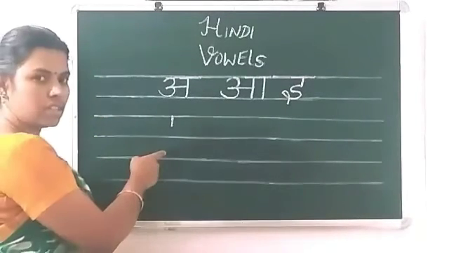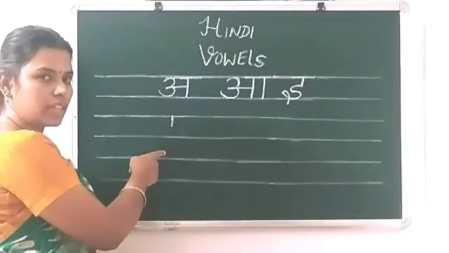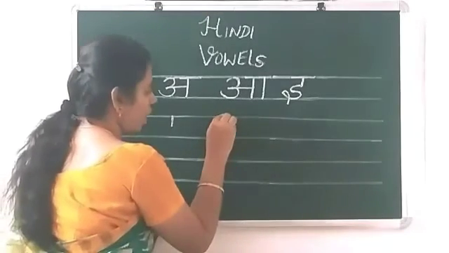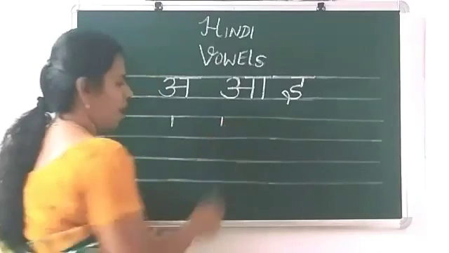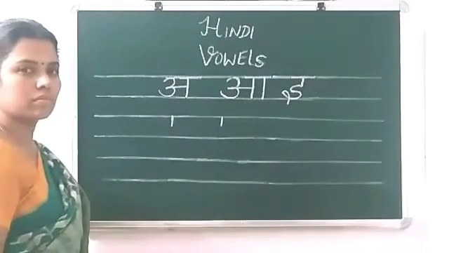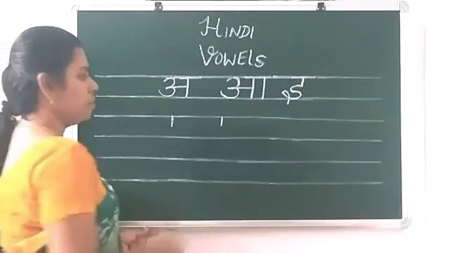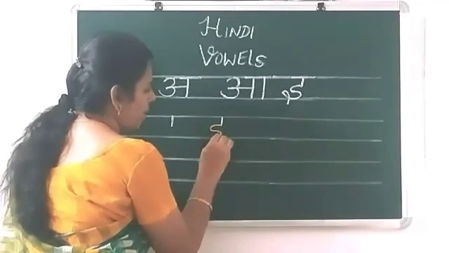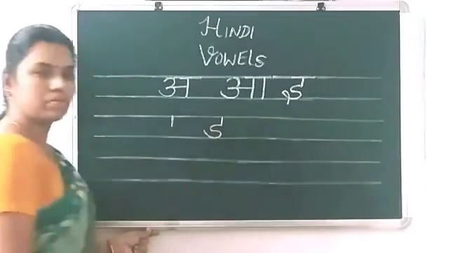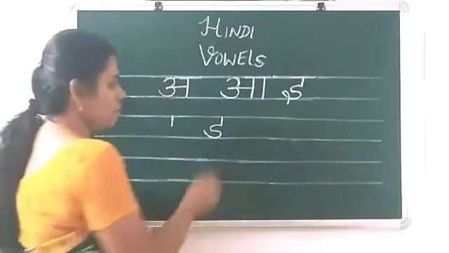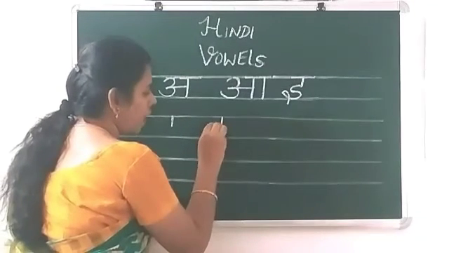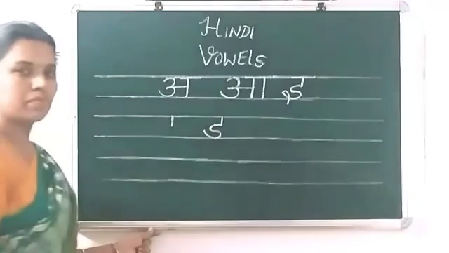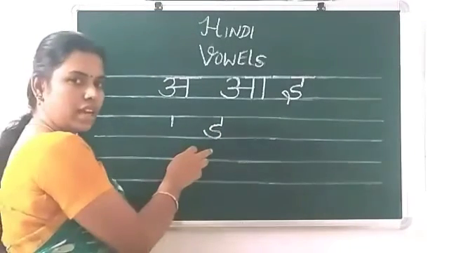Have you finished, children? Shall we go to the next step? Okay. Children, first step, you draw a small standing line. And second step, then connected to that, write the English letter S. Have you finished, children?